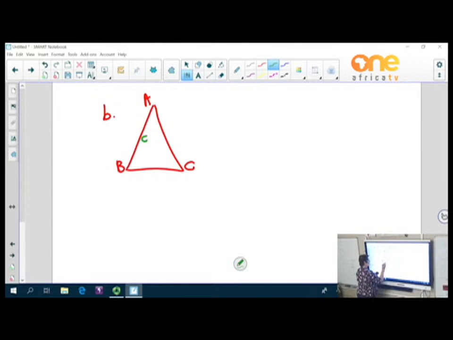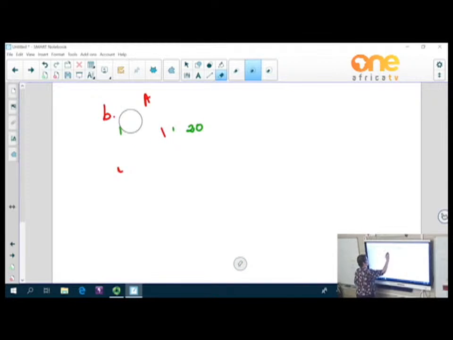This is C, this is A, this is B. So C is 13, B is 20, and C is 35 degrees. That one is 35 degrees. And we have to find angle B. Now, this is not the right one here. Let's just redo this one.